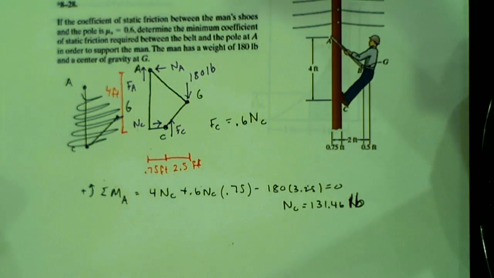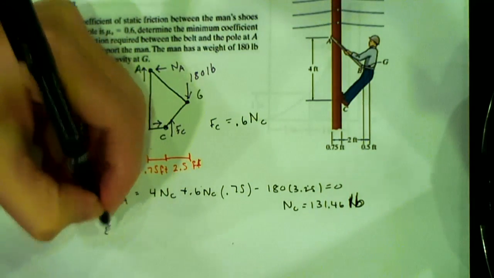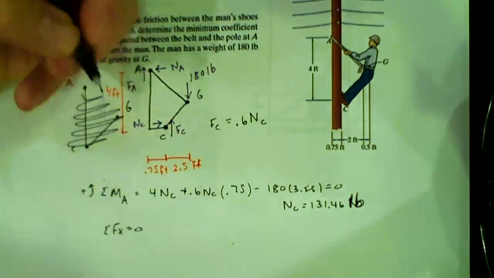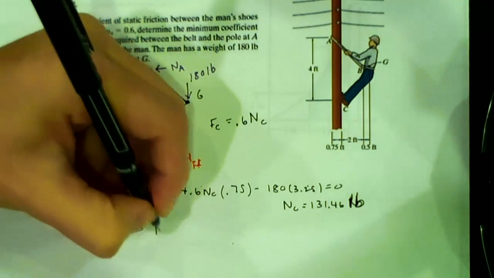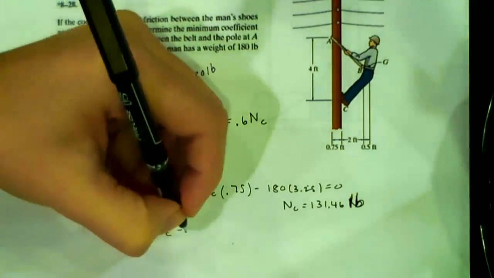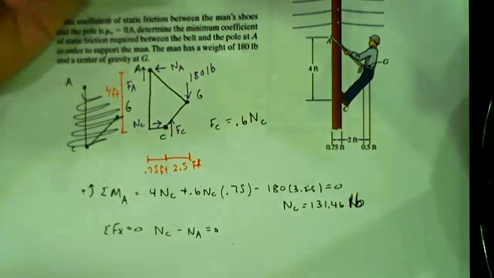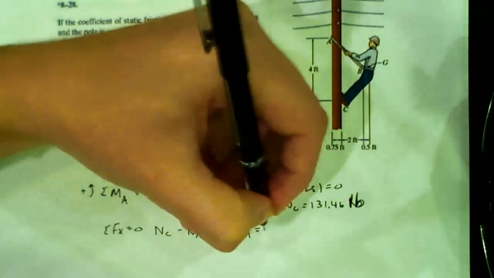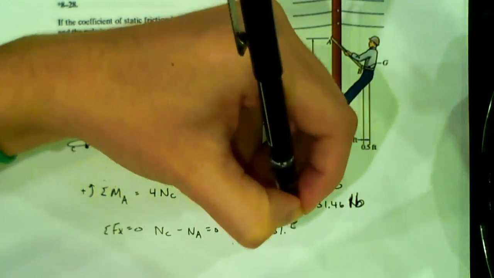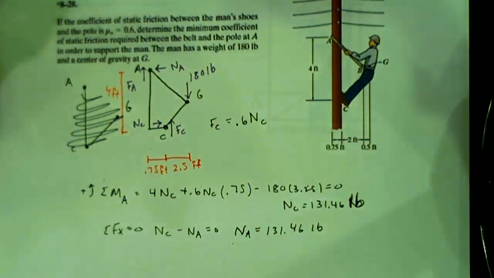Then if I do sum of forces in X equal to 0, all I have is NC and NA. I can say that NC minus NA is equal to 0. So NC equals NA, so NA is also 131.46 pounds.